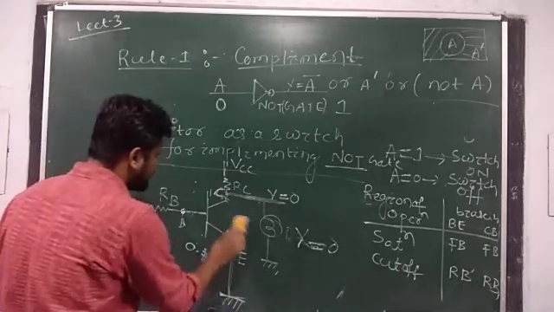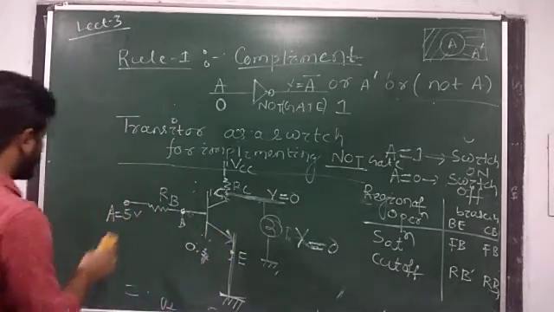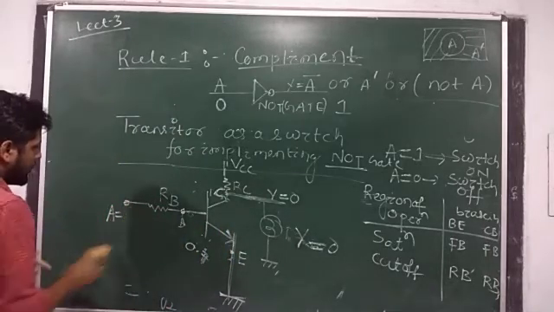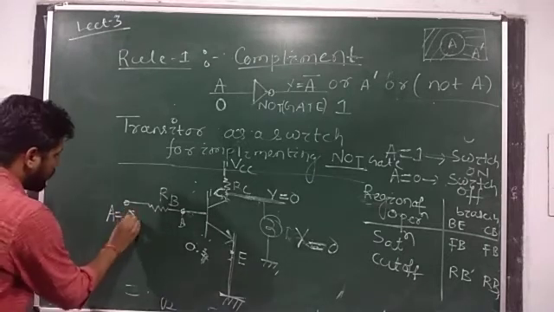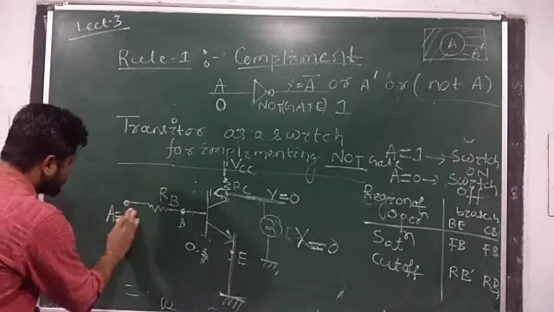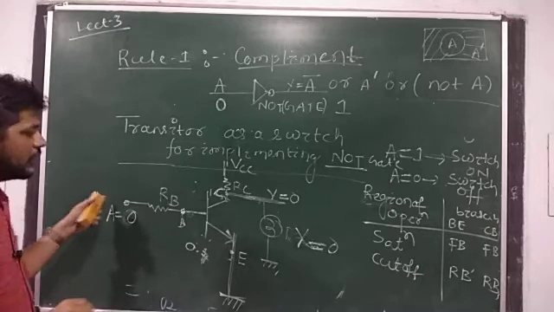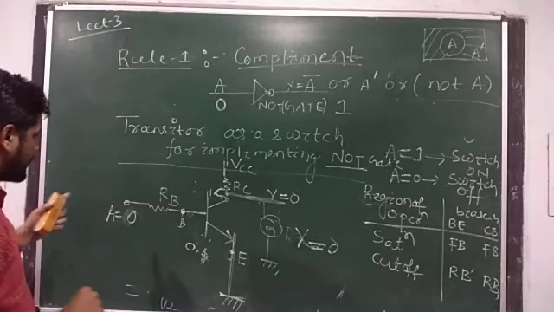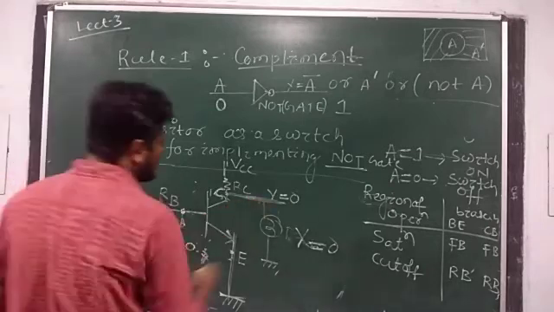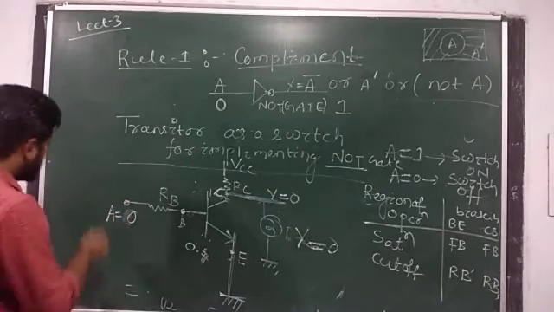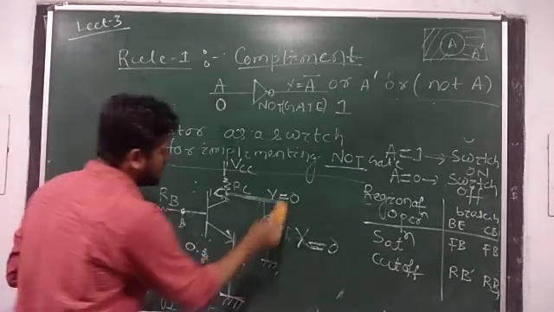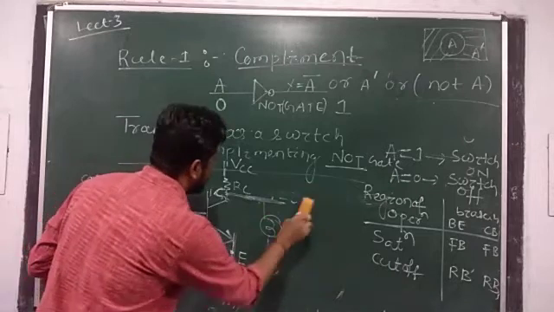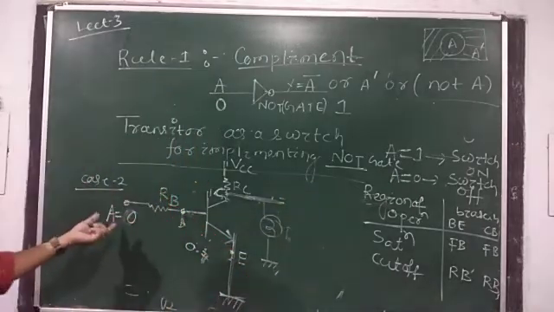The next case, that is your case 2. Please note the previous case, case 1, when I applied input A equal to 5 volt, that is your bit 1, and we got output 0. In the second case, I am applying 0 volt.